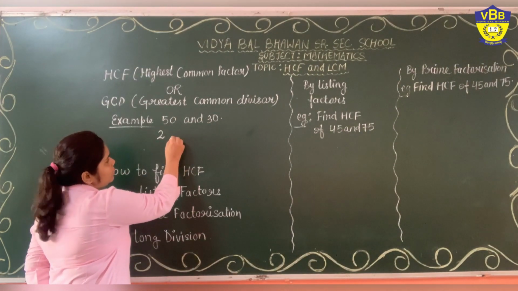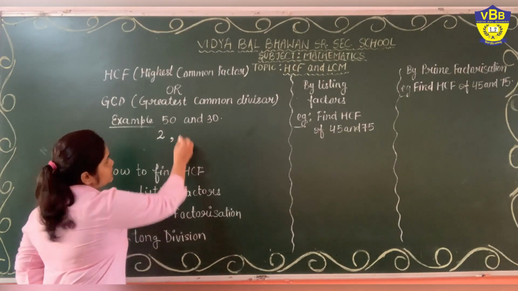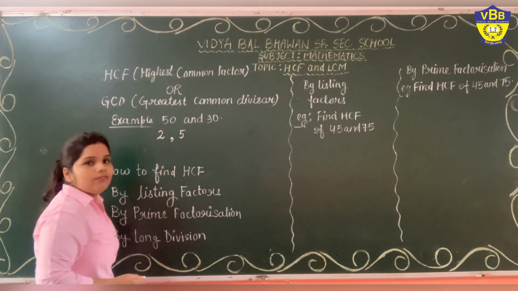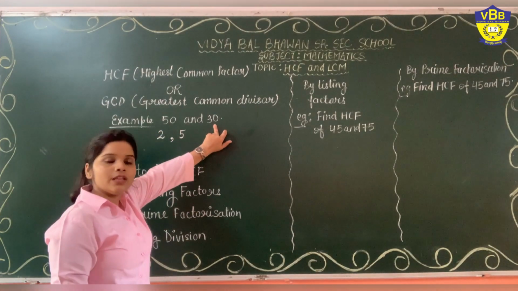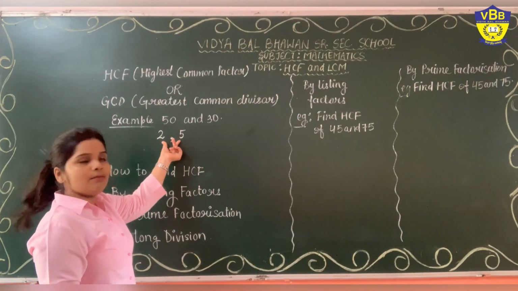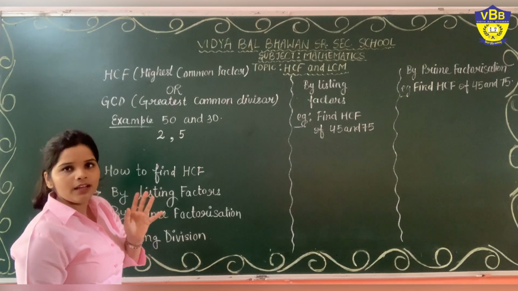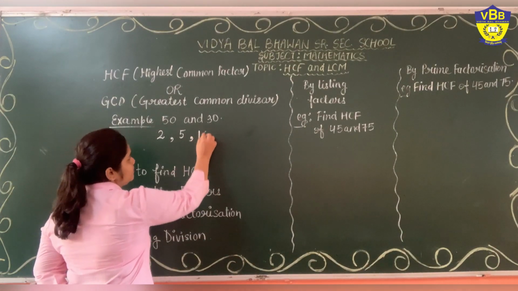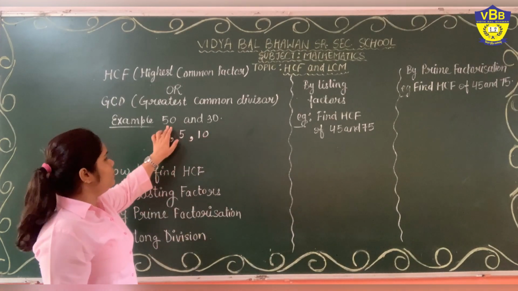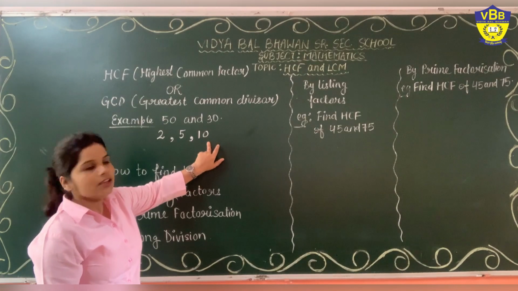Is this the only number which can divide 50 and 30? There is one more, 5. 5 can divide 50 and 5 can also divide 30. Is there any other number? Yes, we have one more number, that is 10. 50 can be divided by 10 and 30 can also be divided by 10.